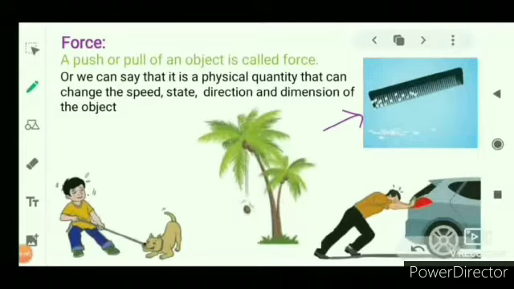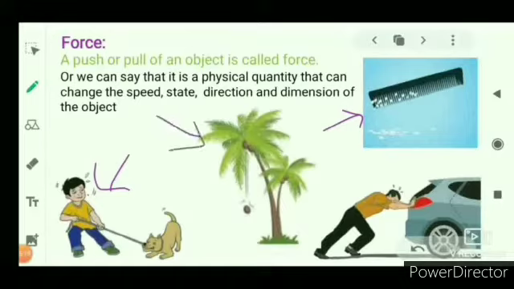Means they change the position of the papers. जब भी किसी चीज़ की स्टेट या पोजीशन चेंज होती है, मीन्स उसके ऊपर कुछ ना कुछ फोर्स अप्लाई हो रहा है. In this figure, boy is pulling his dog, means he is applying a force on the dog. This type of force is called as muscular force because it is due to our muscles.